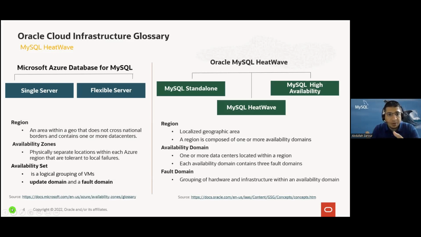At minimum, you will have one availability domain, which is one data center in simple terms, and you will have three fault domains on one single AD. So in every Oracle Cloud deployment, you will have a region, then an availability domain, then fault domains. The concept is almost the same, but the way of implementation is different.